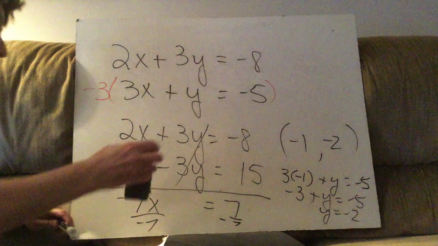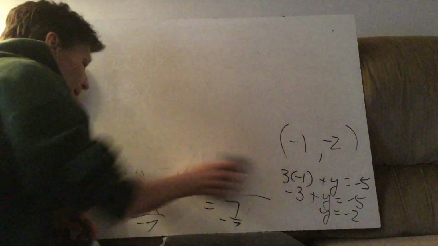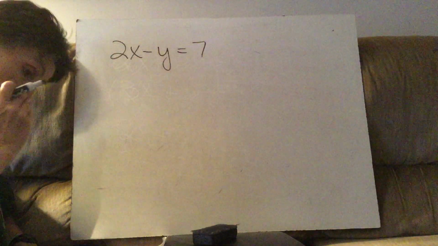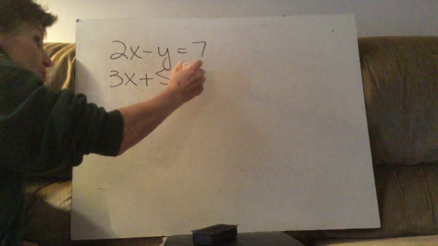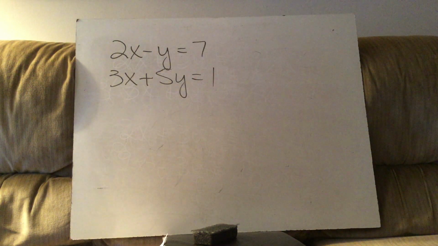Okay, now we're going to do one more problem that looks exactly the same, except this time we're going to use Cramer's Rule to solve. So remember, Cramer's Rule is the method that uses the determinants.